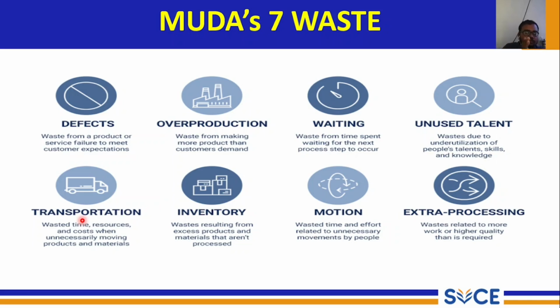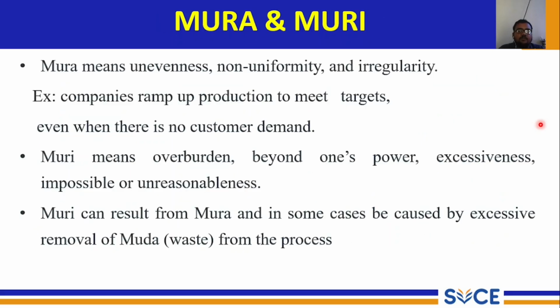If you are moving a full truck, you do not consider that to be a waste, because you are ideally utilizing the space. But if you are moving a half truck, a semi truck, it means that you are not fully utilizing the capacity of the truck. So that is also considered waste due to transportation. And of late, this waste has also been added, which is called unused talent. Underutilization of the skills of the people and the knowledge, you call them to be waste again, right?